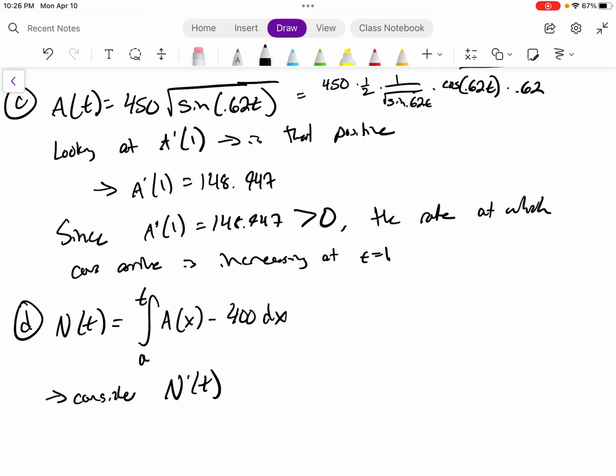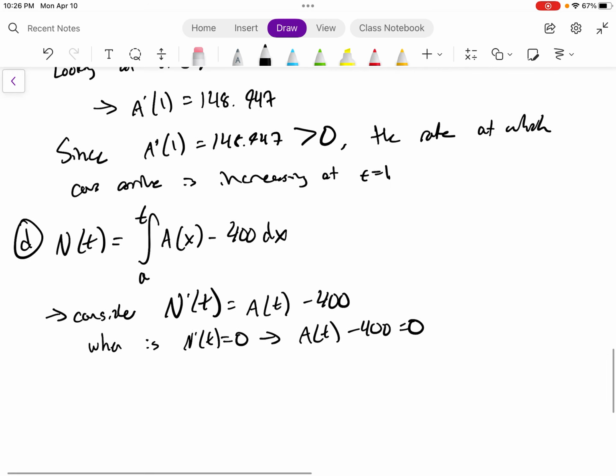By the fundamental theorem, we just plug in t for x, and we would get A of t minus 400. And we want to know when this is zero. When is N prime of t equal to 0? Well, that's equal to 0 when this is true.